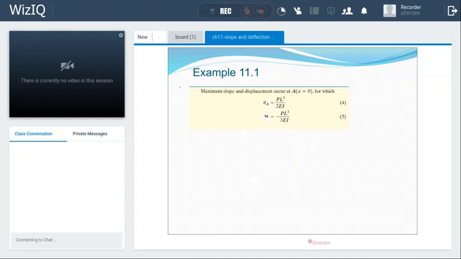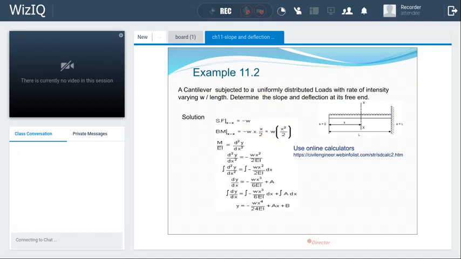Now we go to the next example and see how we can solve this problem. You can see here, this is a cantilever, again with a uniformly distributed load with intensity of W per meter.